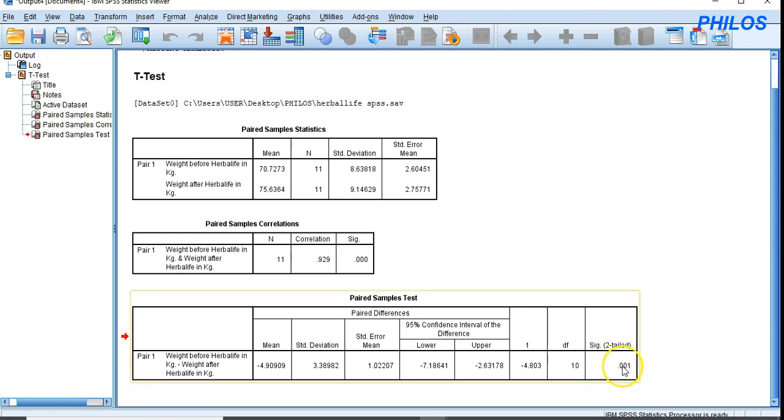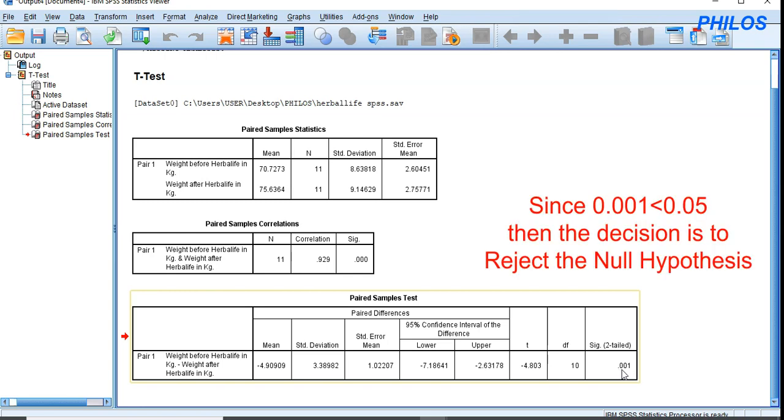So now let's compare this p-value and the level of significance. Remember, the level of significance is 0.05. When we compare, we can see that the p-value of 0.001 is less than the level of significance of 0.05. So since the p-value of 0.001 is less than the level of significance of 0.05, then we are going to reject the null hypothesis.